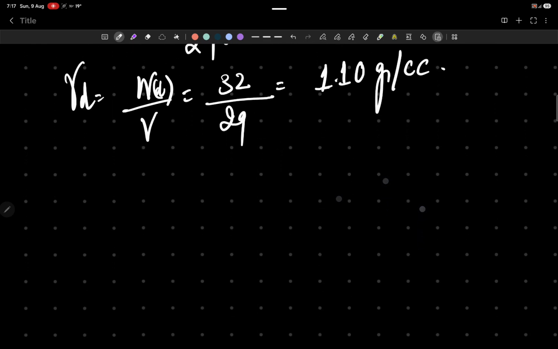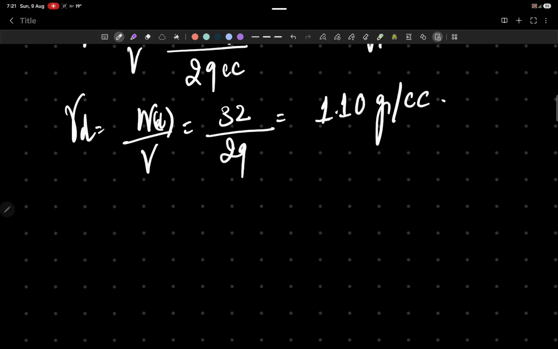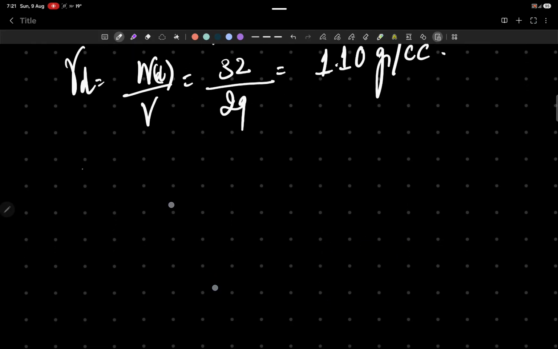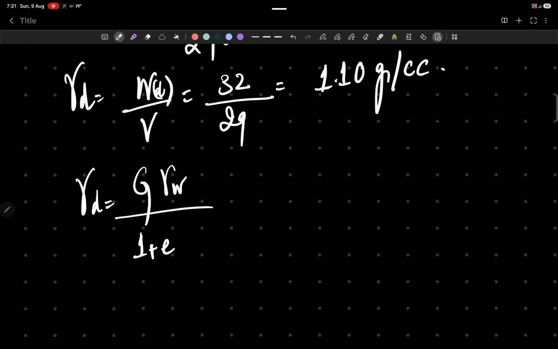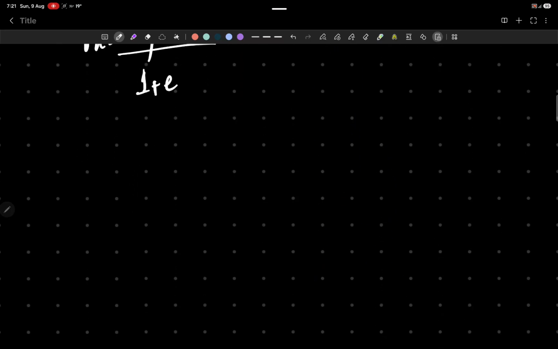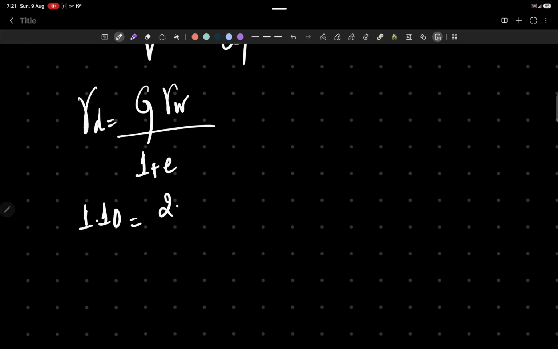All right. Now making use of the equation for the dry unit weight, G gamma W divided by 1 plus E. Right. So the dry unit weight we have calculated as 1.10 grams per cc. 1.10 is G. G is how much? 2.66 as given in the question.